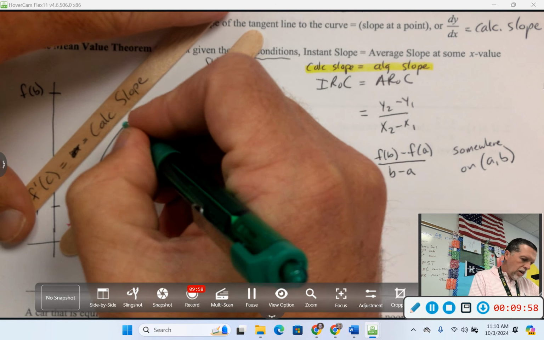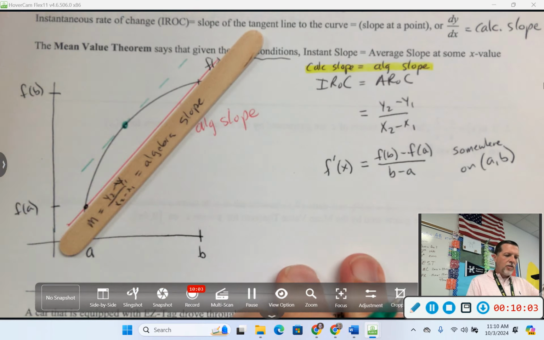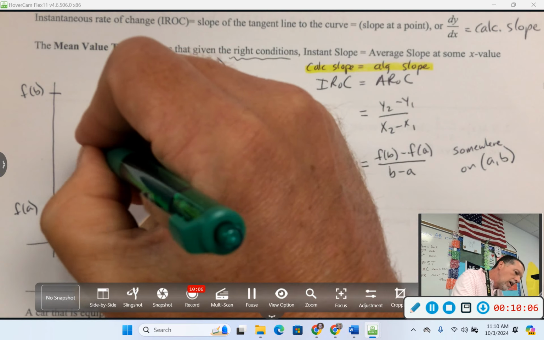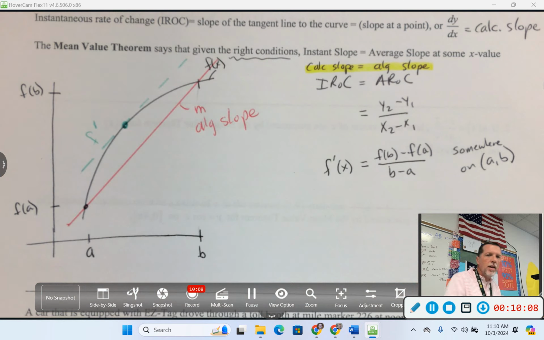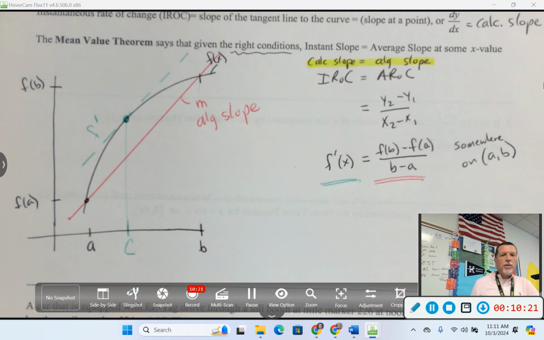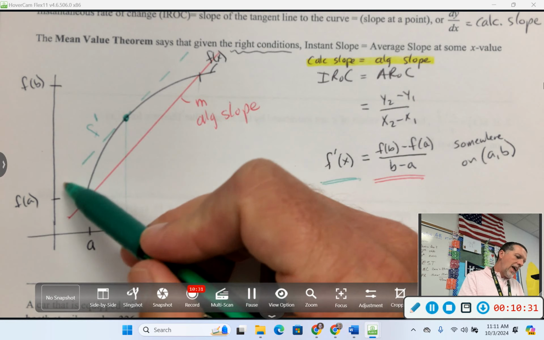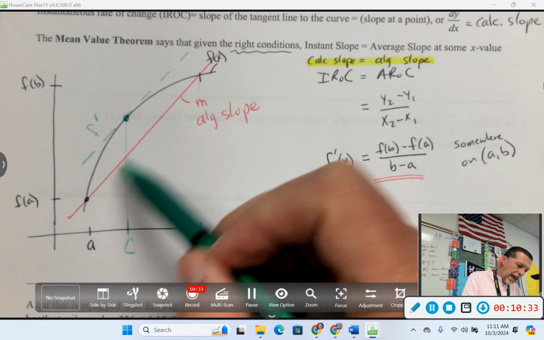So right about there, tangent line, f prime. So now I've got a calculus slope equals the algebra slope, and where it happens, we usually call that point C. But that point will always be between A and B. So on the interval, somewhere the calculus slope is equal to the algebra slope.